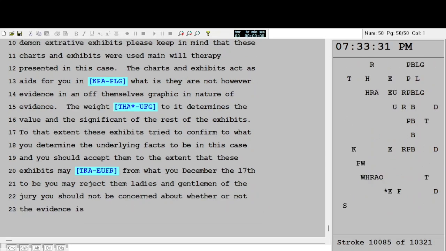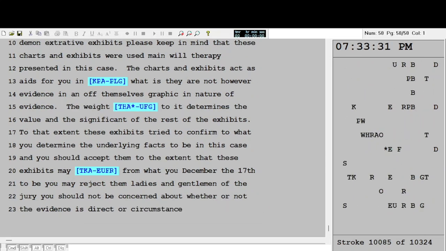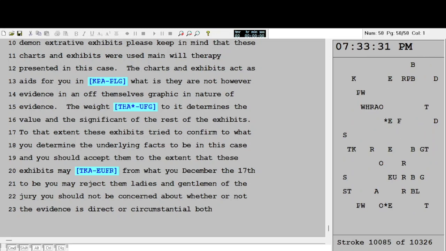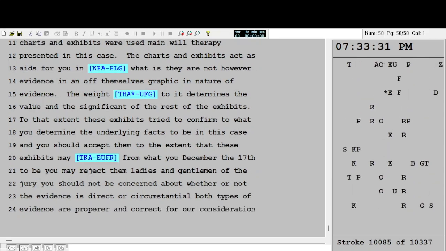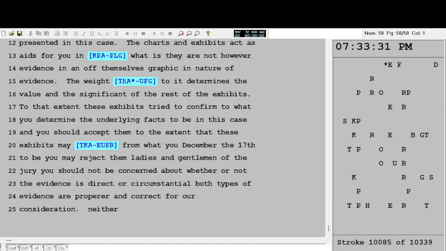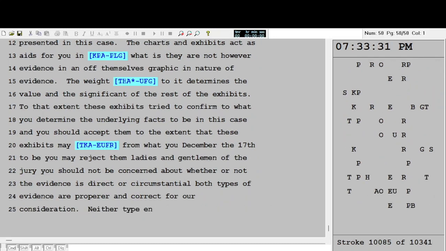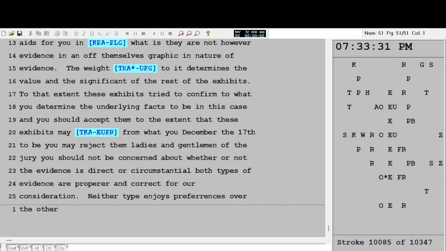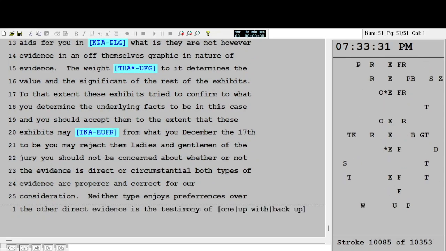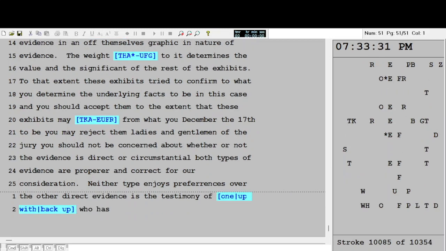Ladies and gentlemen of the jury, you should not be concerned about whether or not the evidence is direct or circumstantial. Both types of evidence are proper and correct for your consideration. Neither type enjoys preference over the other in the eyes of the law. Direct evidence is the testimony of one who has actual knowledge of a fact.